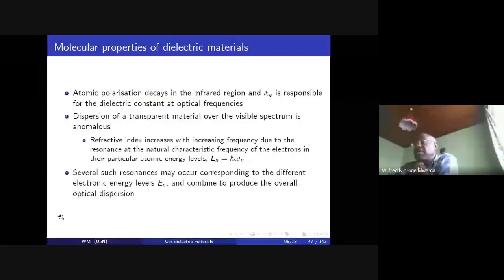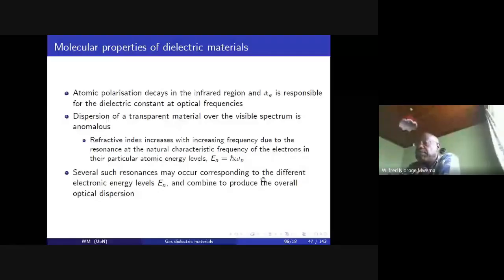Of course, the resonances will occur, and these combine to produce an overall optical dispersion.